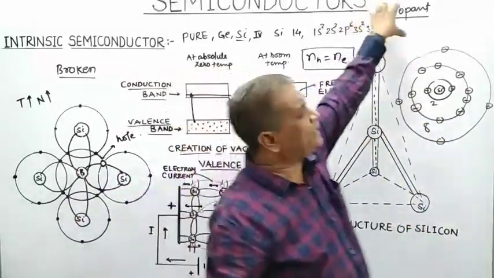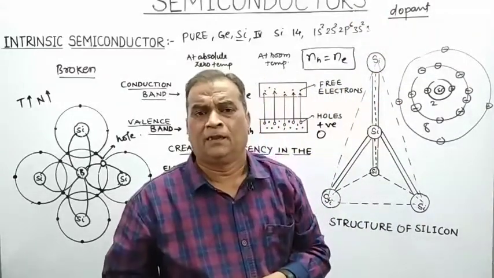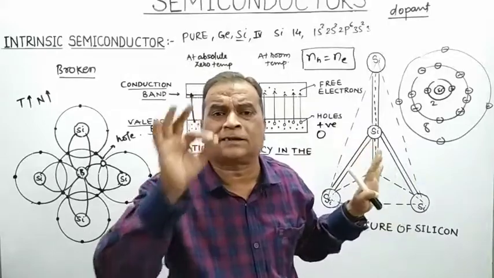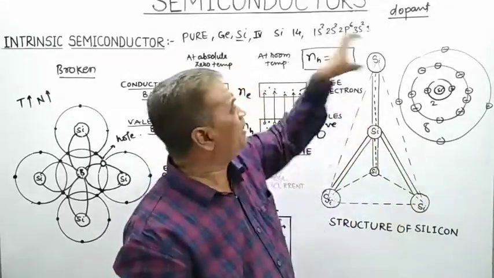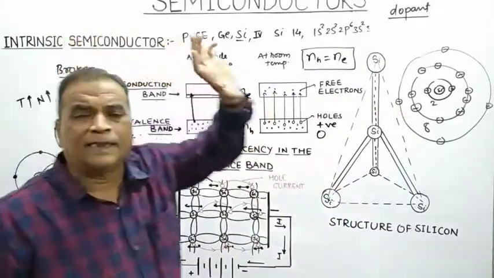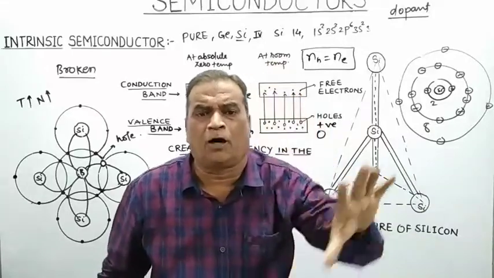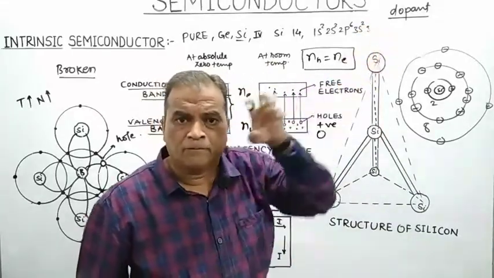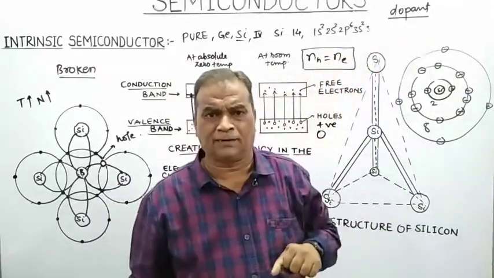While selecting the dopant, a precaution must be taken that the dopant atom's size and electronic configuration should be such that it will not disturb the crystal structure of the intrinsic semiconductor. It will not disturb the structure of the host. Select the dopant of a proper size.